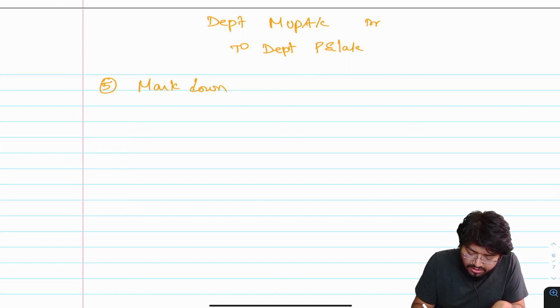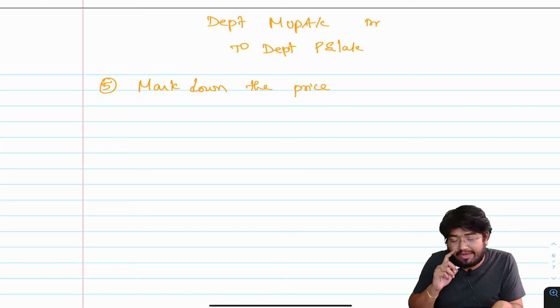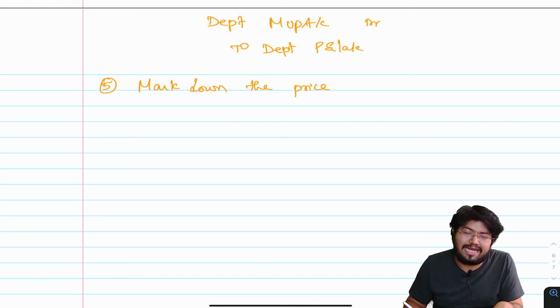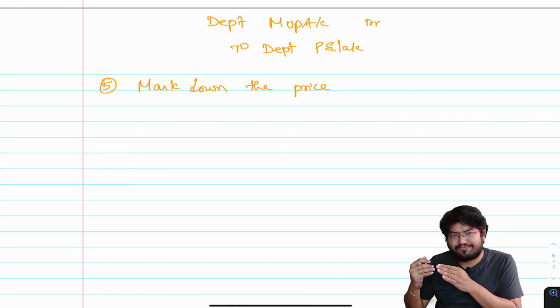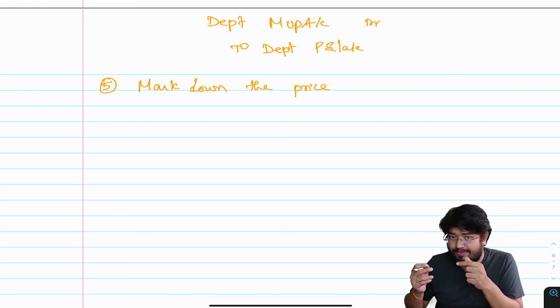In which case what you would do is, number 5, you will mark down the price. So if I have to mark down the price, what would be the entry I pass? For marking down, you have already recognized the stock at 150, out of that 150, 50 rupees is profit. Say for example, now it is worth only 135, you should reduce 15 rupees.